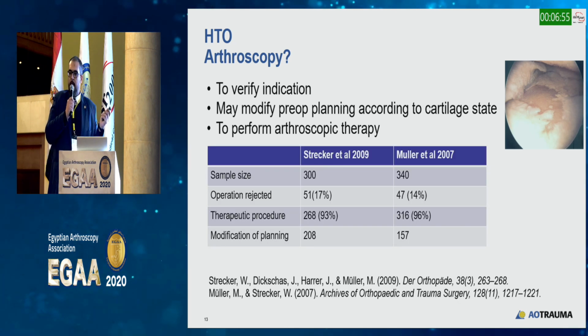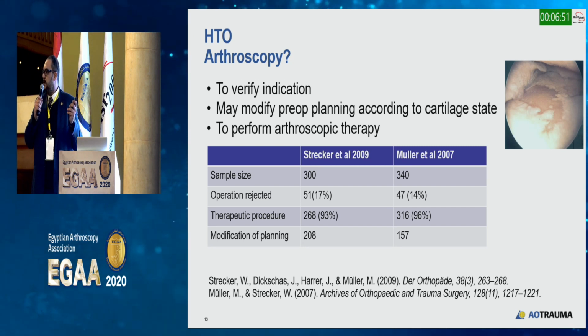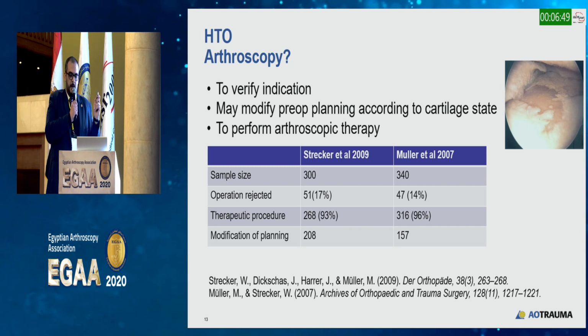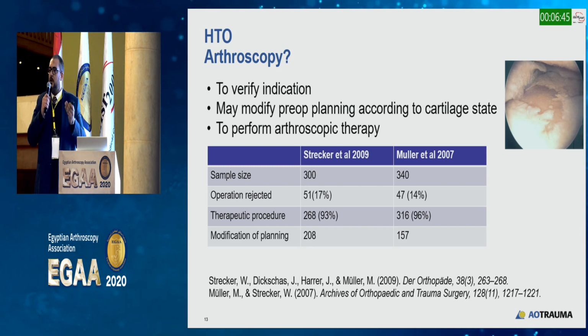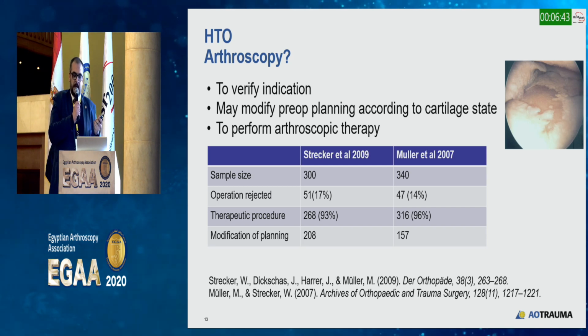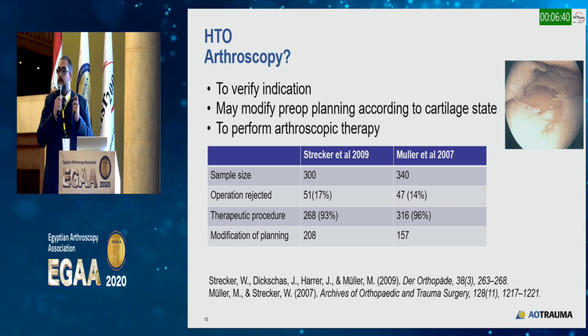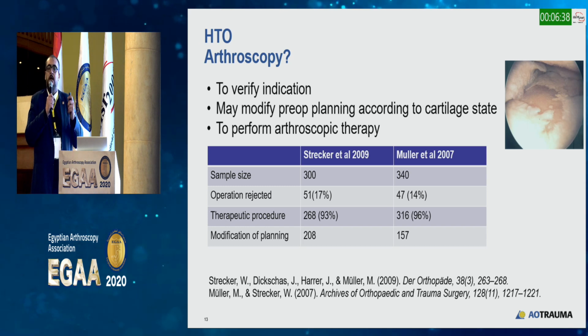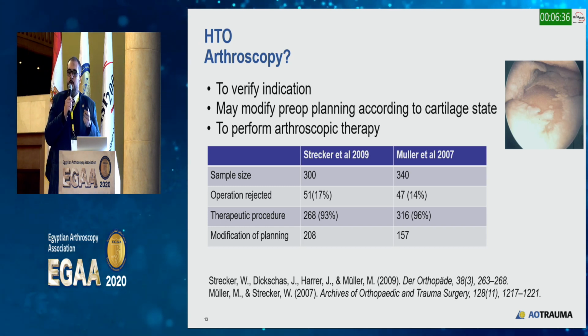In two studies with a very big sample size, more than 300 patients, we found that the operation was rejected due to severe affection of the articular cartilage in 15% of cases, and more than 90% of cases of high tibial osteotomy need arthroscopic work. That's why we do arthroscopy before high tibial osteotomy.